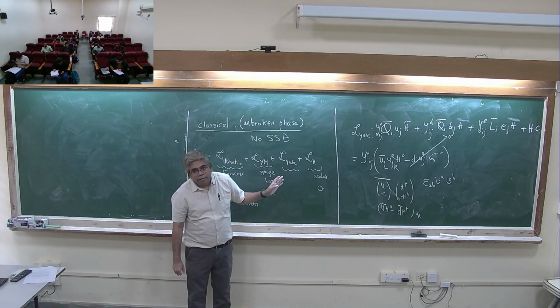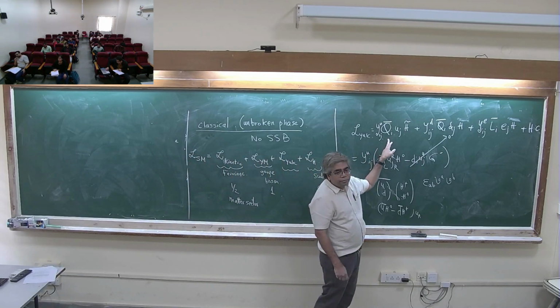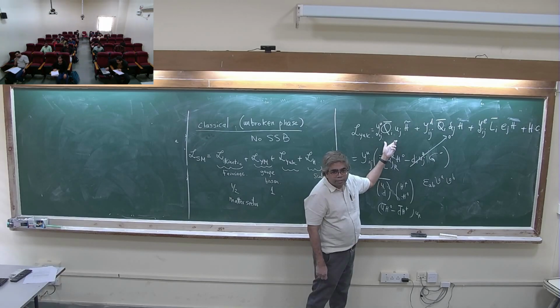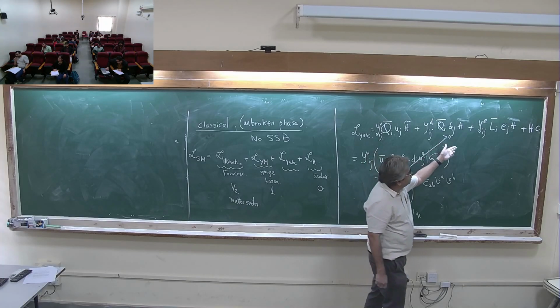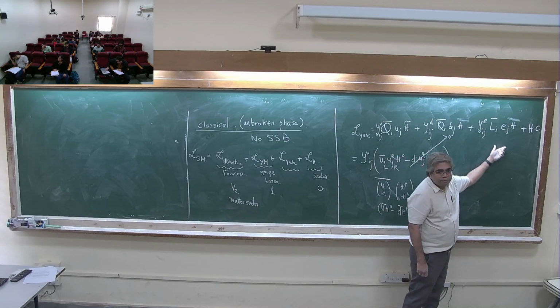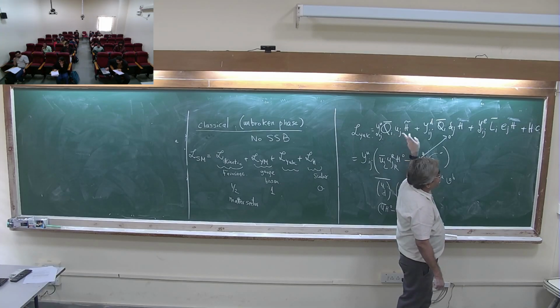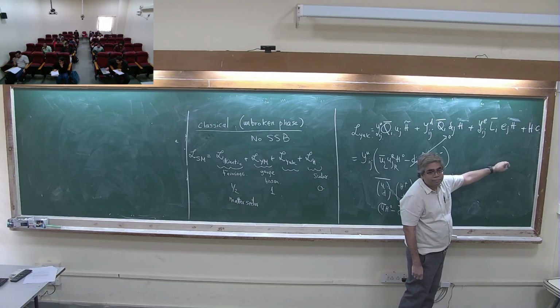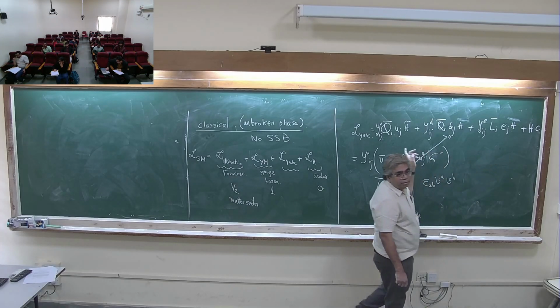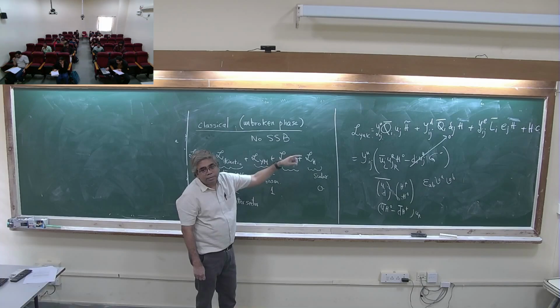When you do that, for example, this part gives you masses only to the up side. This gives you masses to the down side. This gives you only to the charged leptons. There is no term corresponding to this in the electronic sector, so the neutrinos will not get mass. So the neutrinos are always up side. So there is no term in that set.